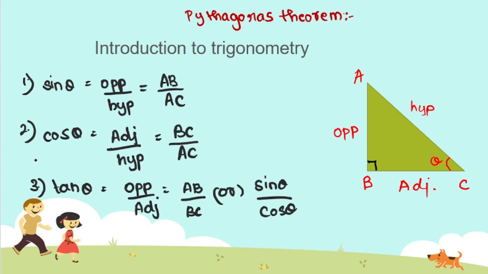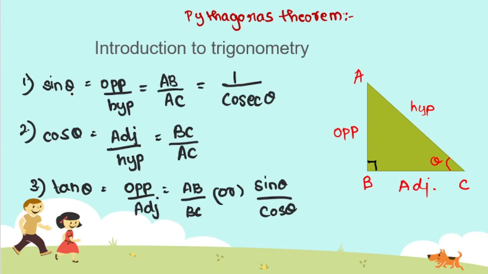Here you can say that sine theta is opposite by hypotenuse, right? So sine theta can be called 1 by cosec theta. That is, the reciprocal of sine theta is your cosec theta.